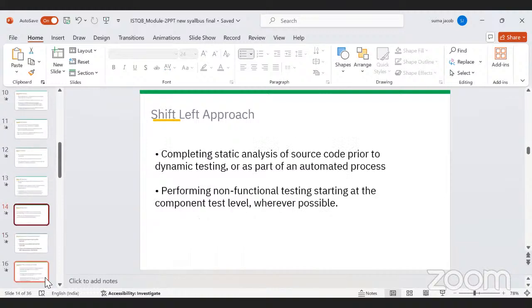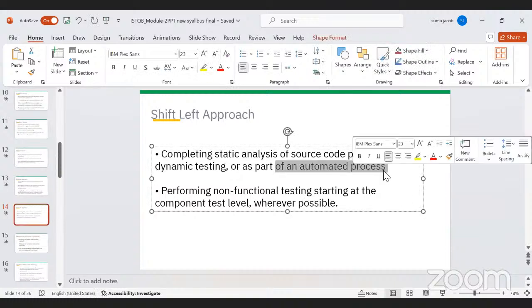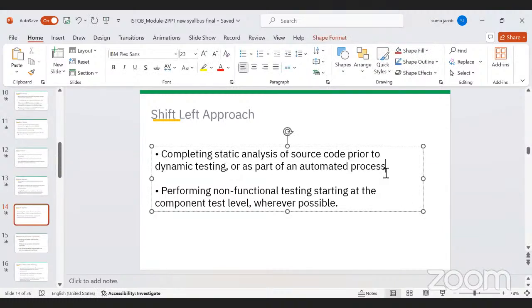And next is completing static analysis of source code prior to dynamic testing or as part of an automated process. It is not just the automated scripts that we keep in the DevOps process or the CI/CD pipeline. There are many different activities that get triggered when new code is pushed, one of which is the static analysis of the source code.